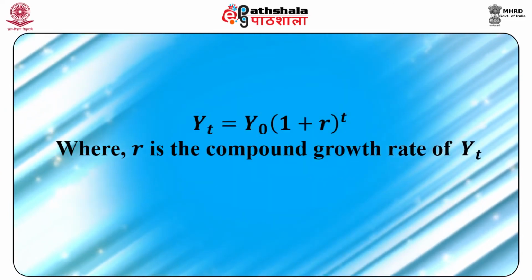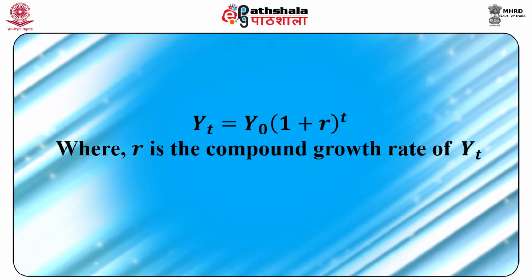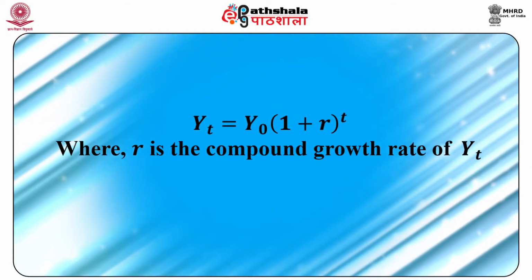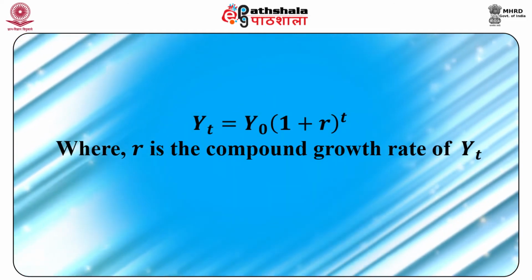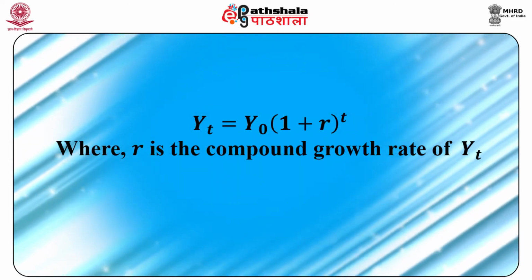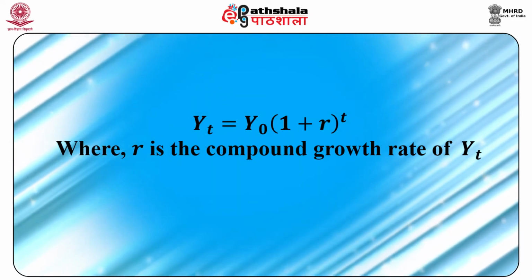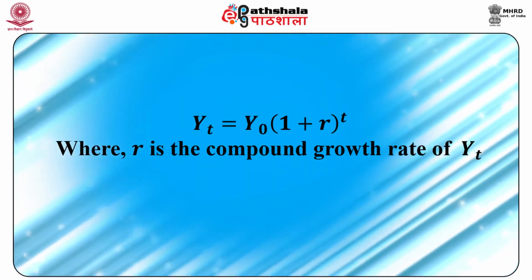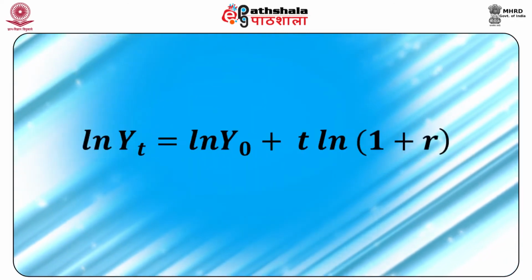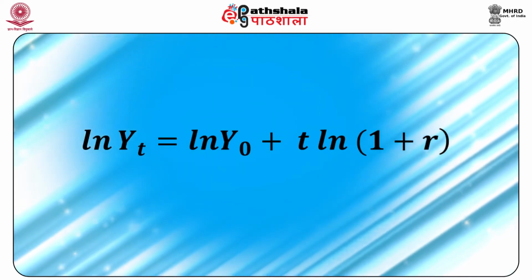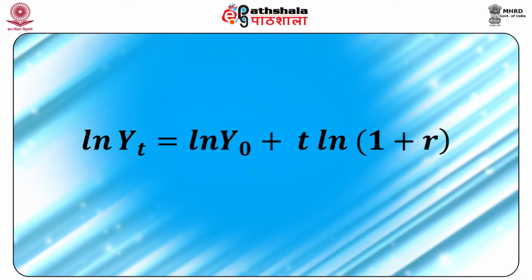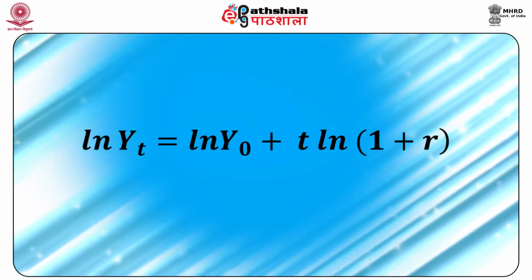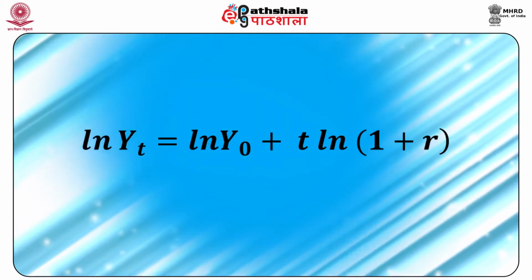Suppose we are interested in finding the growth rate of a variable y using the compound interest formula, which is yt = y0 (1 + r)^t, where r is the compound growth rate of yt. Now taking log on both sides, we get ln yt = ln y0 + t ln(1 + r).